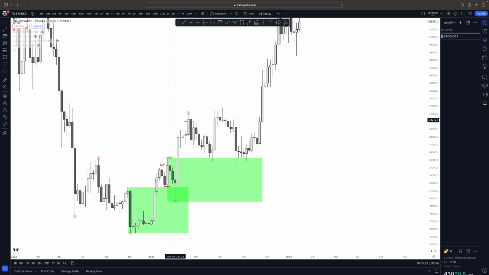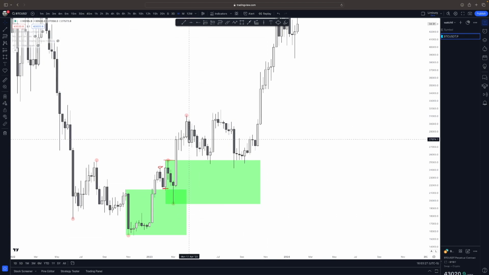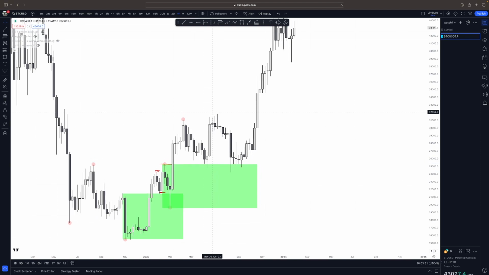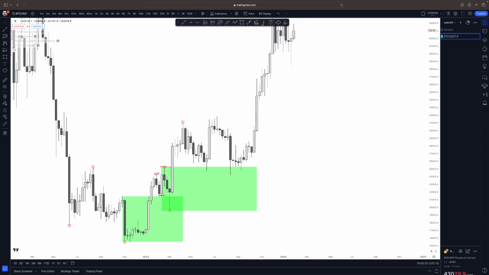So we follow price further upwards. We see again price taps the demand zone and wants to go higher. So the price goes higher. The last high is again absorbed.